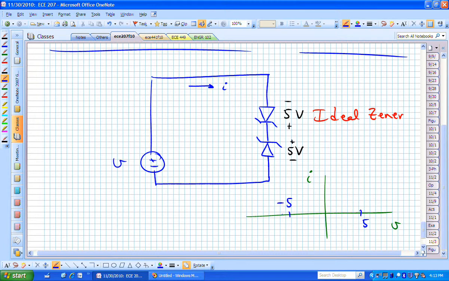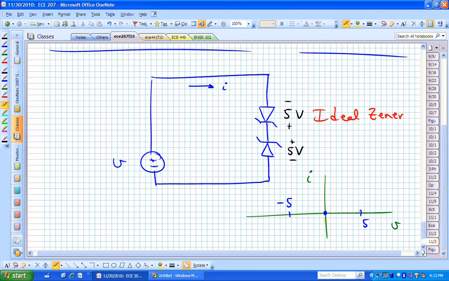What's going to happen with the IV relationship? Suppose I'm at 0 volts. What's going to happen in this circuit? If I am sitting right here, is current going to flow? No. Neither of those diodes are going to be forward biased.